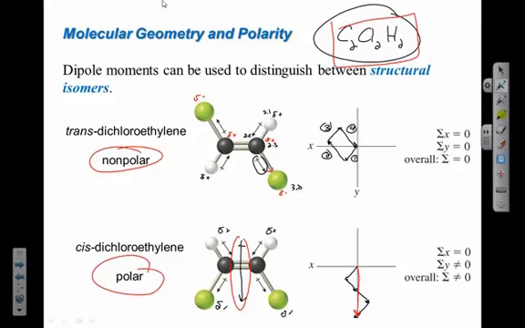So if my two chlorines are the sites of negative, the average or central position of negative would be equidistant from both of them, right in the center. And if all my positives are here on the carbons and hydrogens, primarily on the hydrogens, the average position of positive would be equidistant to those two. When the positive and negative end up in the same position, I don't have opposite charges on opposite ends, so there's no dipole.